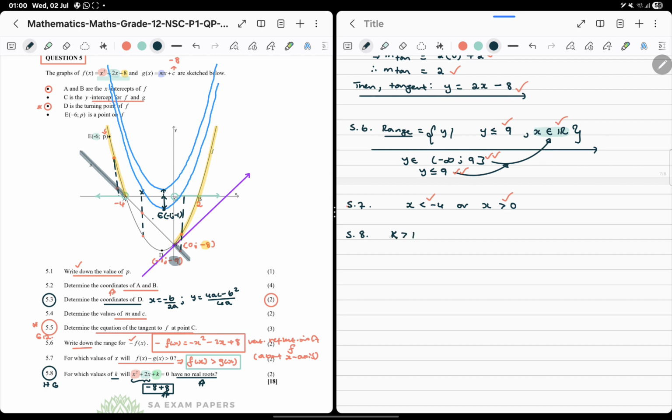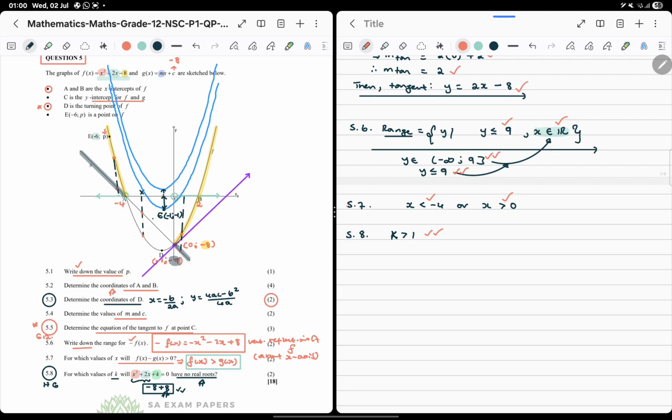But as you can see, it takes a bit of a toll on us. We need to first shift it 8 units up, then by more than 1 unit up. Because this has already been transformed, we need to get it right, okay? So that was a naughty question. So k must be greater than 1.